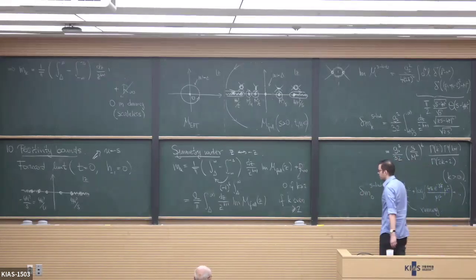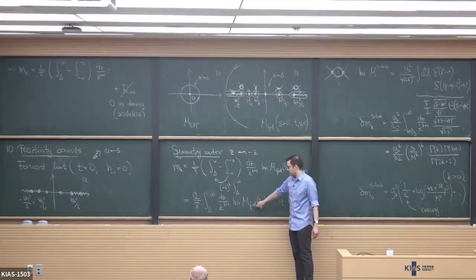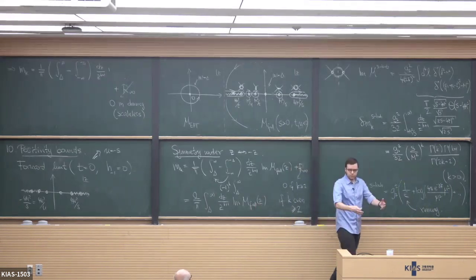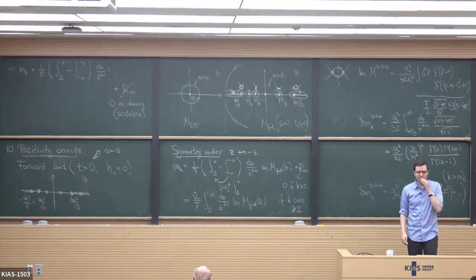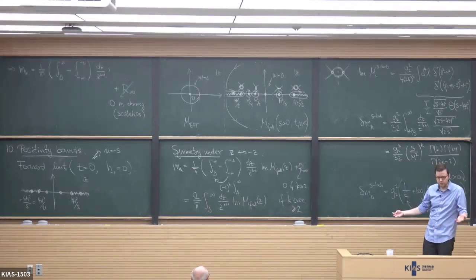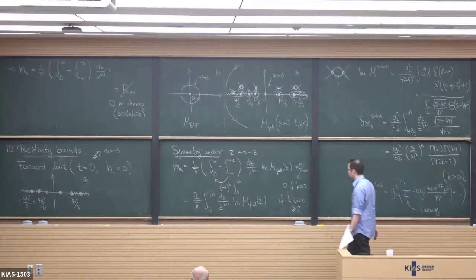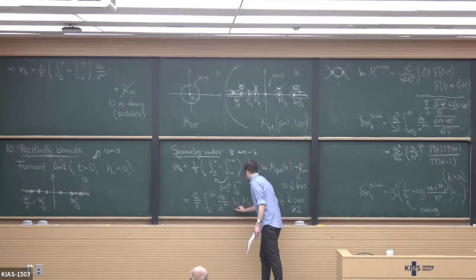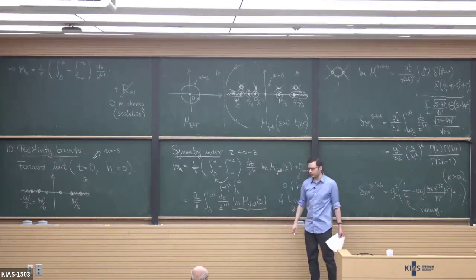And now what you can notice is that here I have the imaginary part of my amplitude. And the imaginary part is related to the cross-section. And the cross-section always has to be positive. So this means that this is, strictly speaking, non-negative.